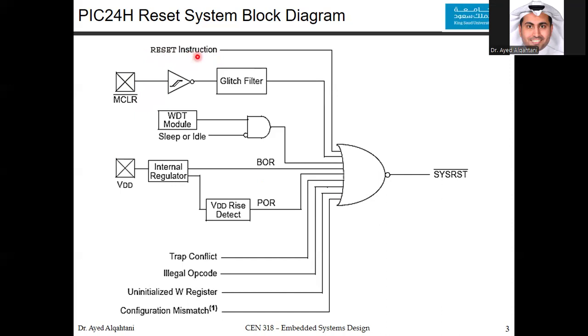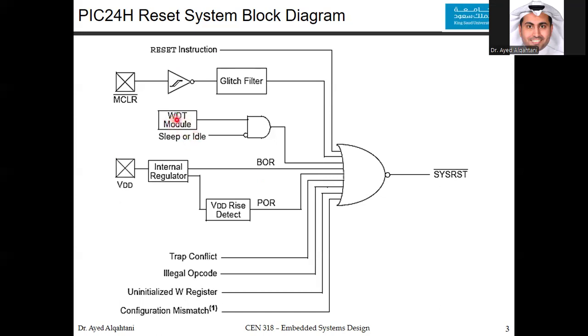We have also a reset that is caused by the watchdog timer. Now, this is the time where we will tell you the two different functions or jobs of the watchdog timer. The first job is the reset.